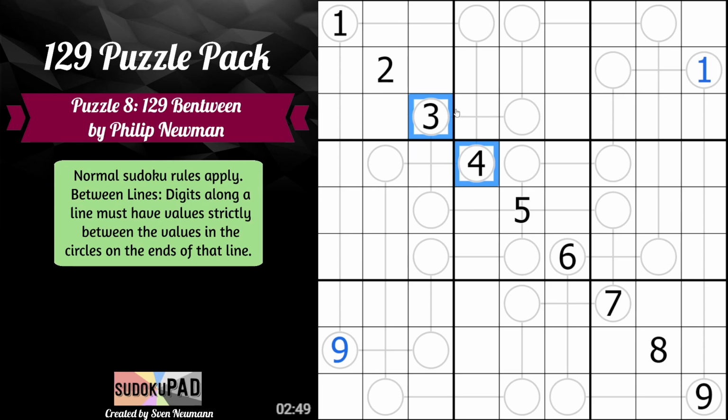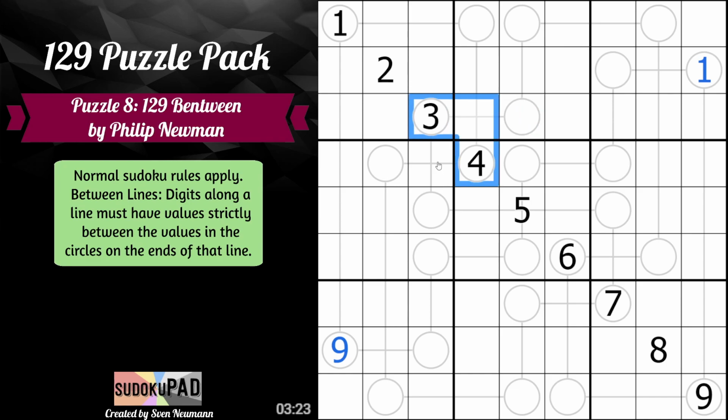Oh wait, no, it still could work. No, it couldn't work. Okay, yeah. So I was giving the example 3, 2, 1 before. But thinking about this now, if this was 2, this would be 1. But then we know that this between line has to go down. Well, 2, 3, you end up with 1. It's not possible. So I think this has to go up.